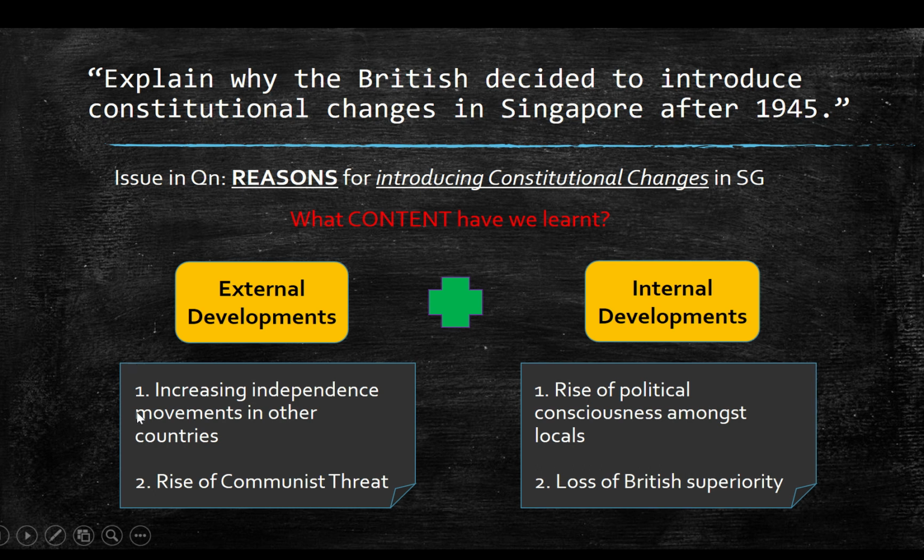Point number 2, rise of communist threat. On the other hand, internally, we have learned content such as the rise of political consciousness among locals, as well as the loss of British superiority. So, if you take a look at this, we have 4 different content points that we can use. 1, 2, 3, 4.